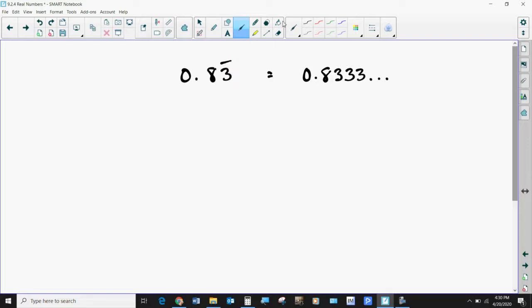This one requires us to say x is equal to 0.83 repeated. So if I took 10 of those, 10x is going to be equal to 8.3 repeated. And if I take 100 of them, that's going to be equal to 83.3 repeated.